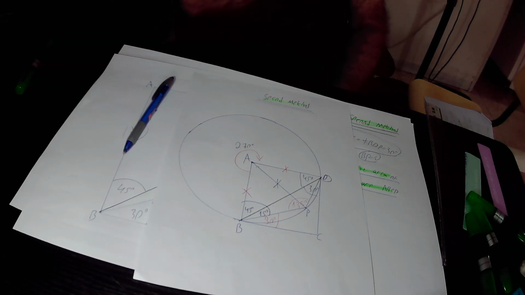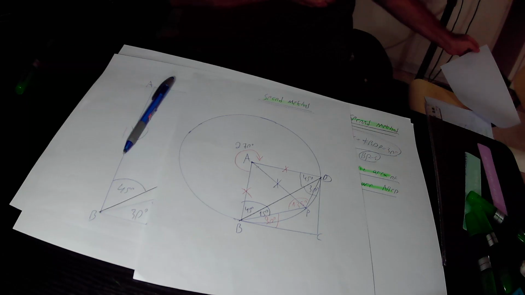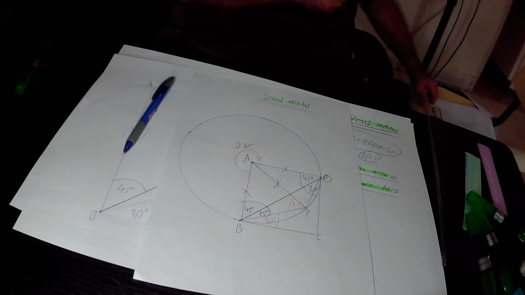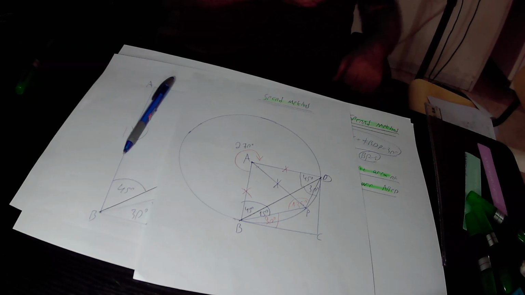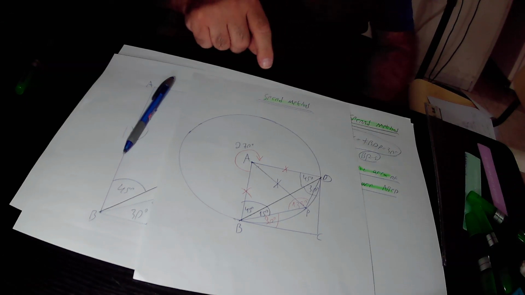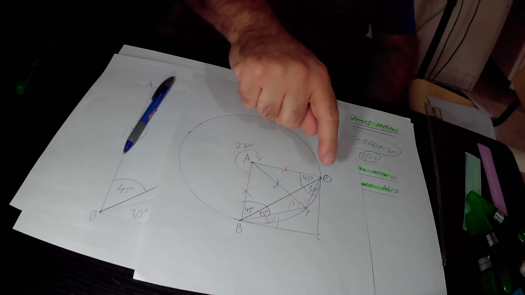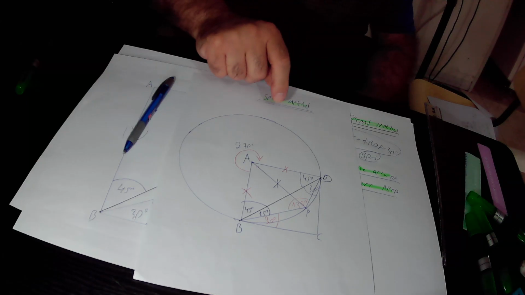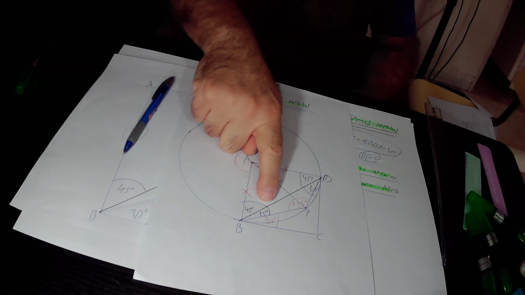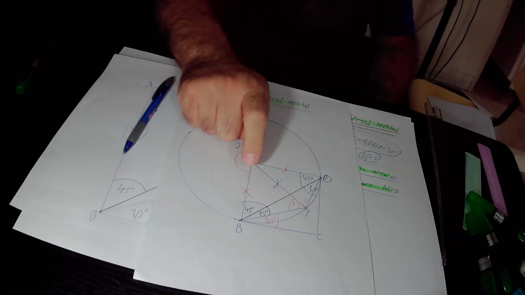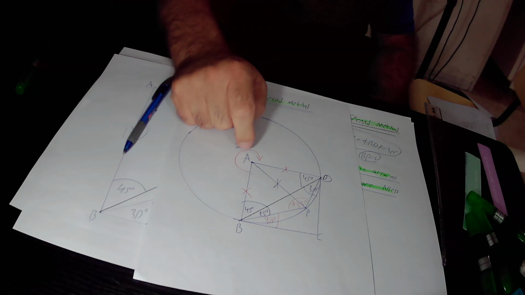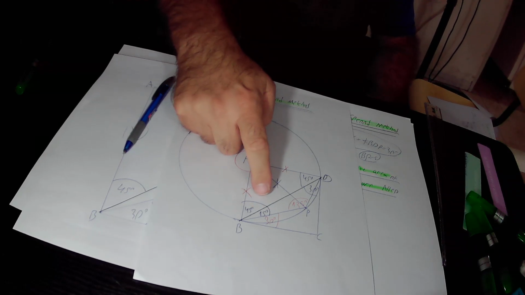So here we have angle PBA. This angle PBA equals 45 degrees plus 15 degrees, which is 60 degrees. So in triangle ABP, angle ABP equals 60 degrees.